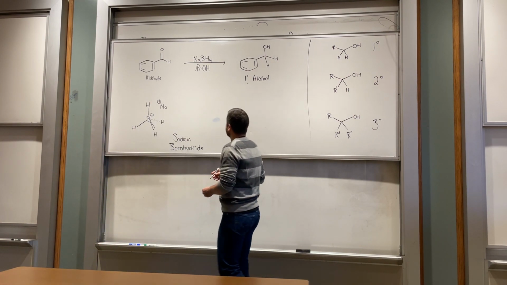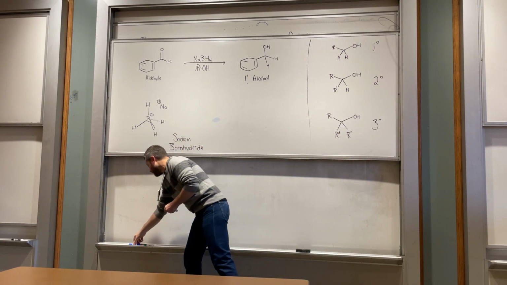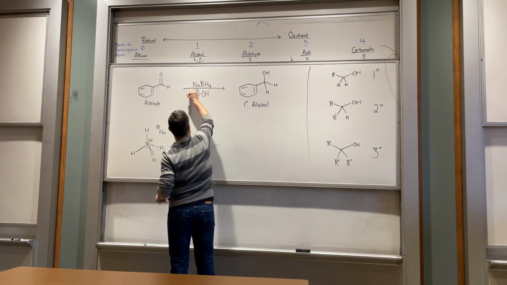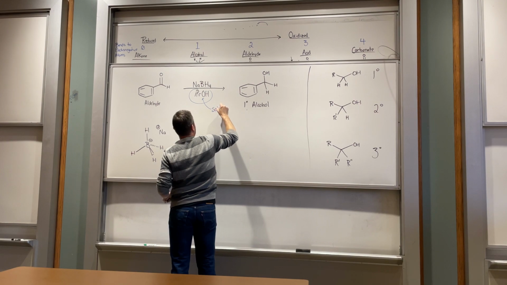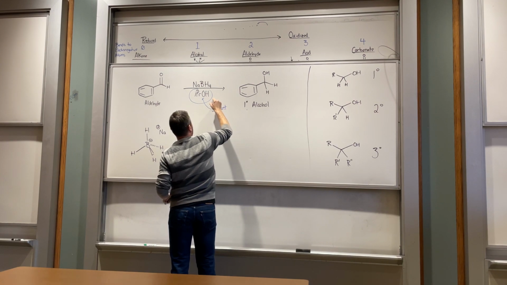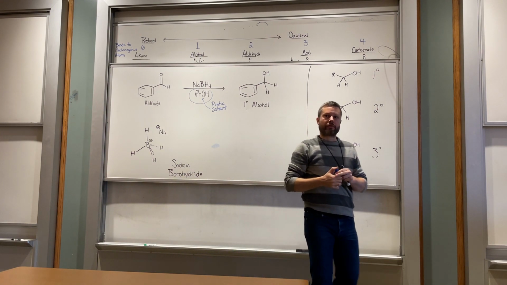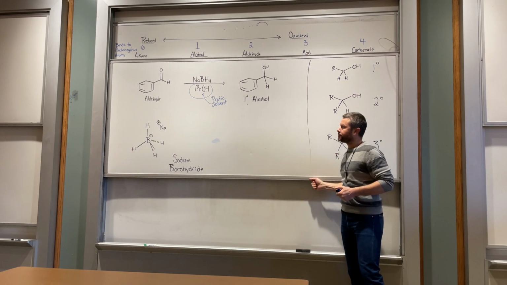Okay, so in the reaction we have sodium borohydride, and then we have isopropyl alcohol. In this reaction, the isopropyl alcohol is going to be acting as the solvent, and in particular, it's going to be a protic solvent, so it's a solvent that can give up protons.